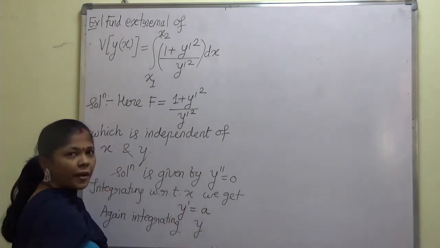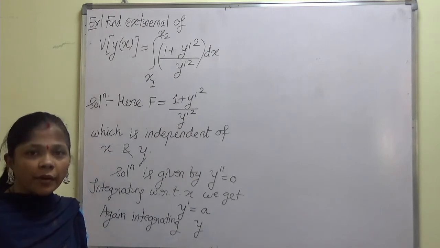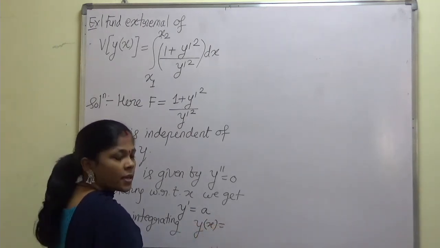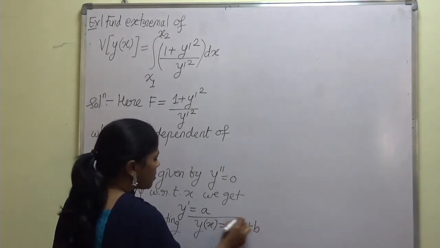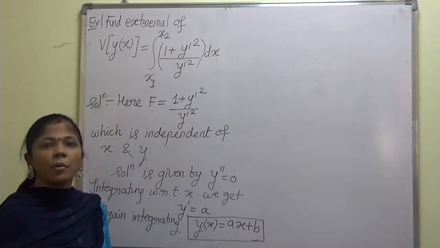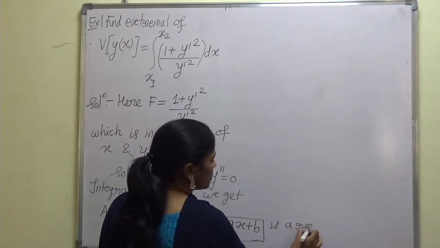So integration of y dash will reduce its order by 1. So 0th order derivative. 0th order derivative means y, or we can write y of x is equal to ax plus b, and this is nothing but what? A straight line. So this is a required extremal, right?